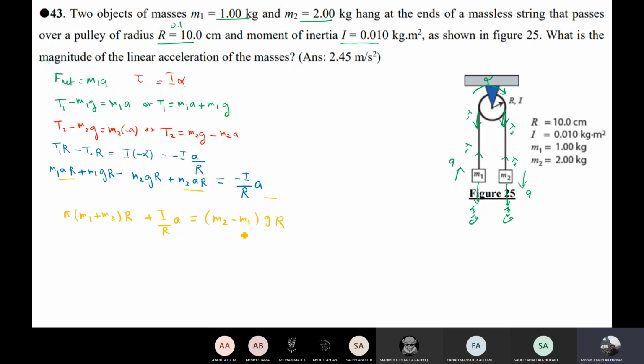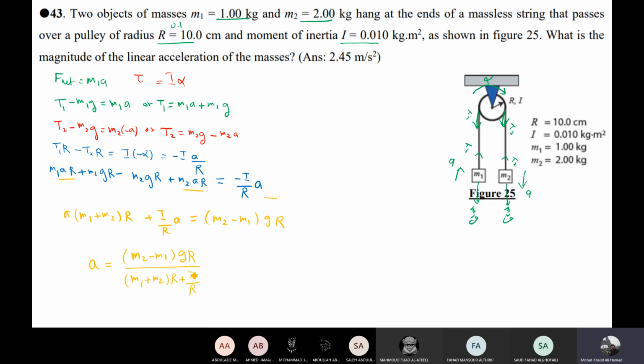It's just a matter of math. A is the common factor and I divide by this, so A will equal M2 minus M1, times G R, though you can use your own method, maybe something simpler, divided by M1 plus M2 times R plus I over R.